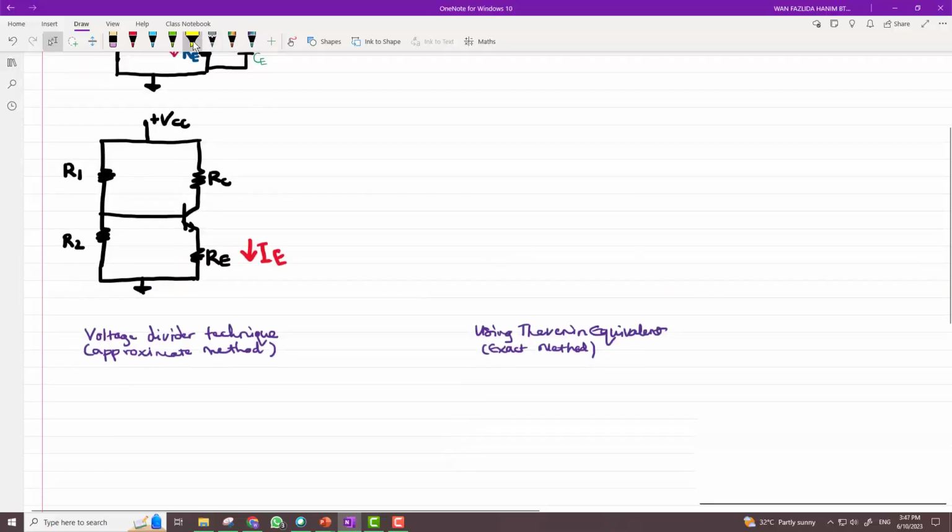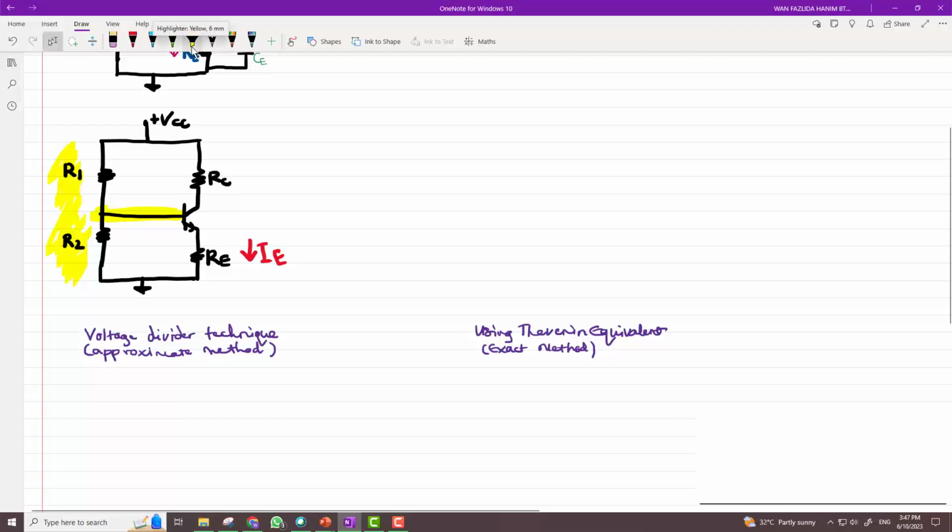For the voltage divider technique, we are assuming that R1 and R2 are acting as though they are in series. They are not in series, because at the point where they are connected, there is this base terminal here, and series is supposed to be just two components being connected.